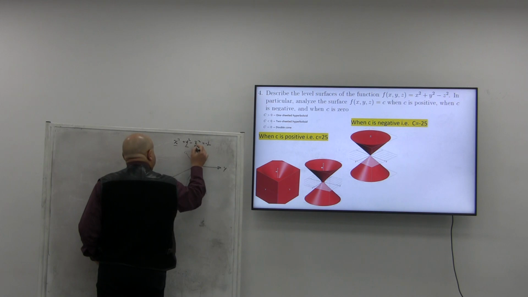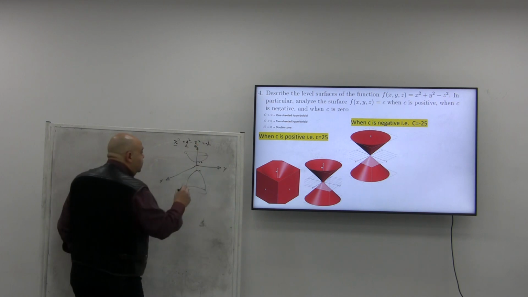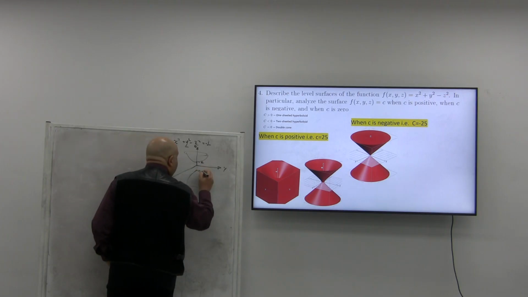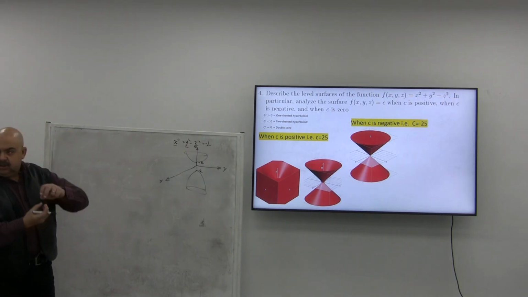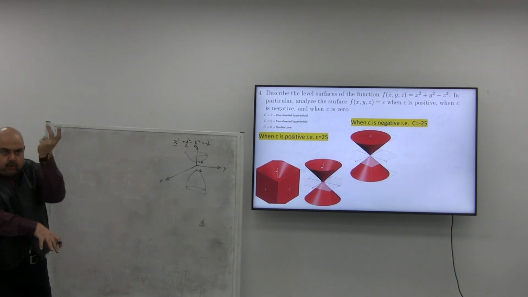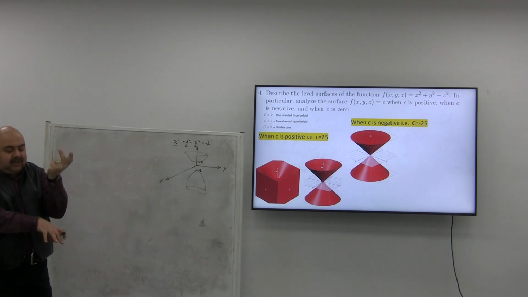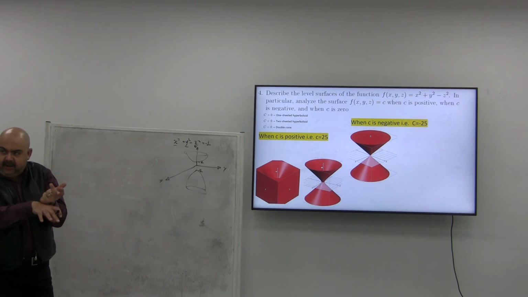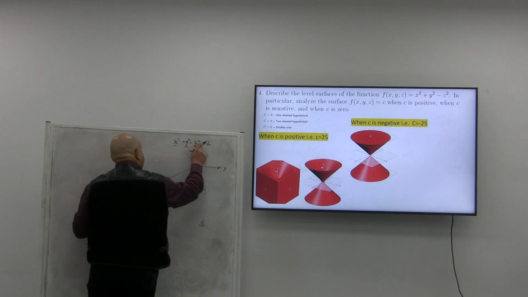If this value is divided by, let's say, positive 4, so this is going to be a negative 2 and a positive 2. So the area inside these two parabolas will start to increase. Once you decrease this value, this area is going to decrease.